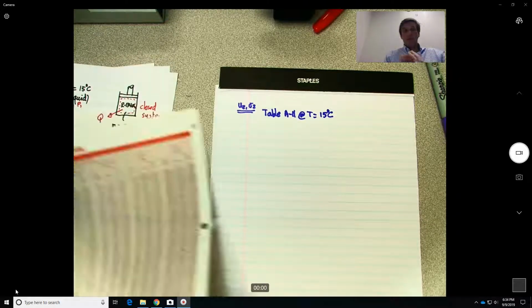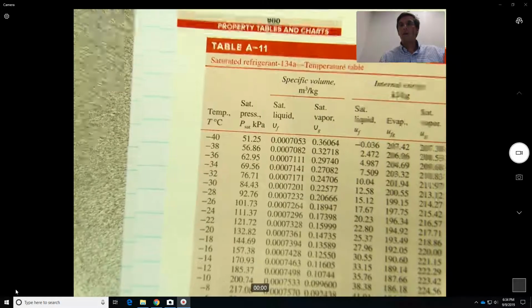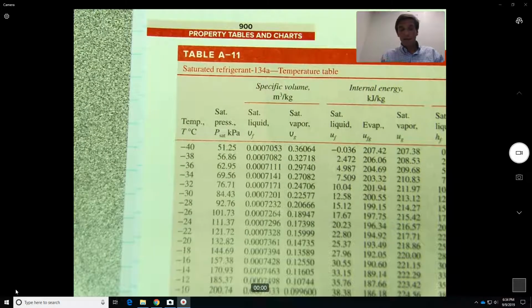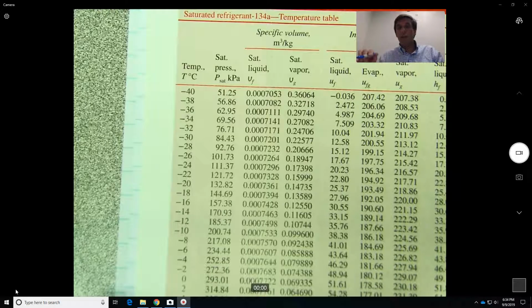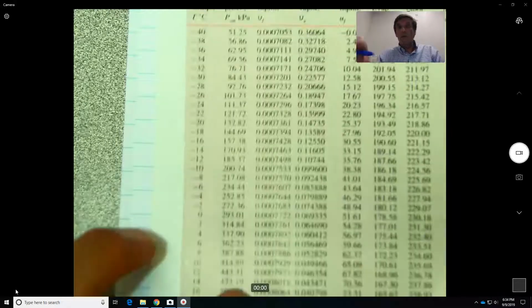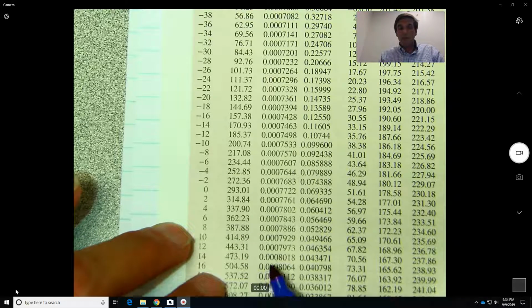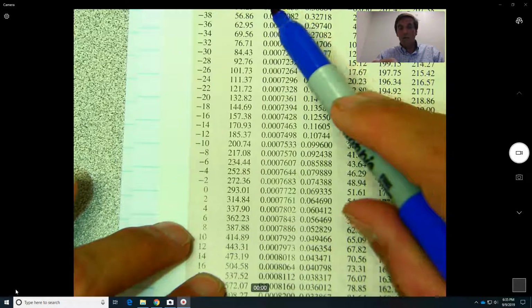So at 14, we have the volume equal to 0.0008018, and 0.0008064 at 16, and we look at V fluid.